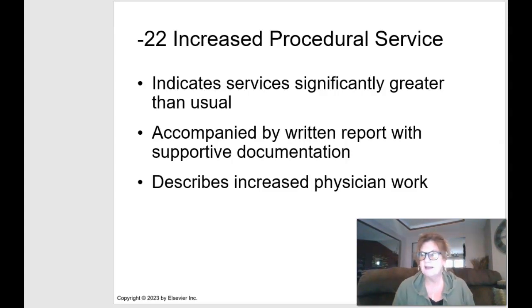So let's say that they're doing a procedure. Let's say a lady came in to have a hysterectomy, a removal of her ovaries. So she had a salpingo-oophorectomy, and there was excessive blood loss, more than usual. They had to stop the surgery, get the blood loss to stop before they could proceed with the surgery.